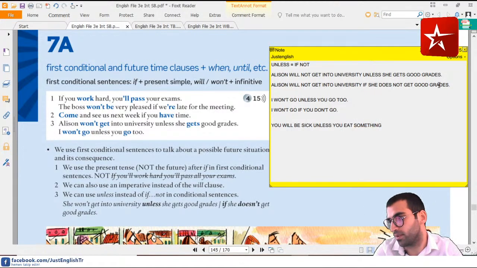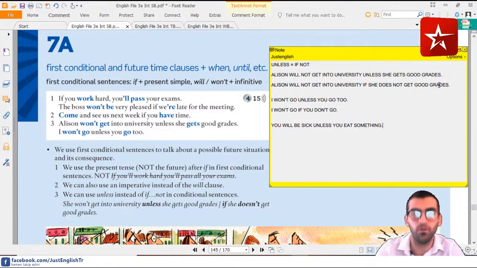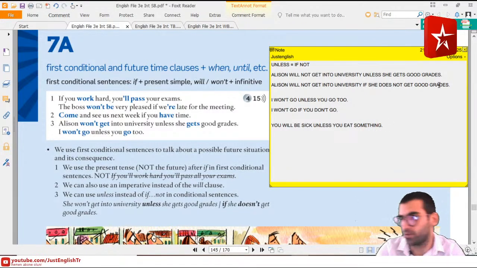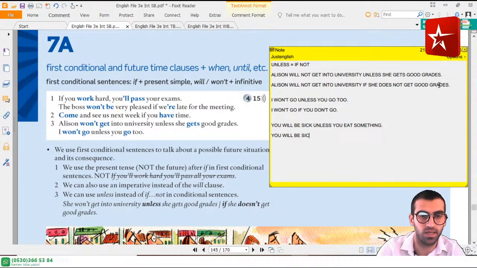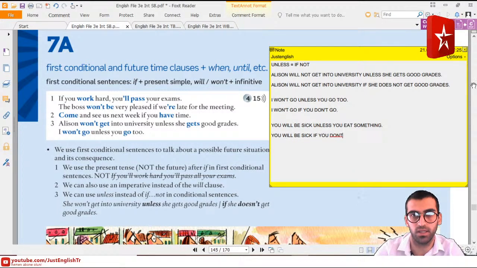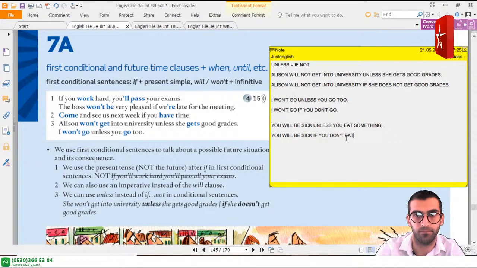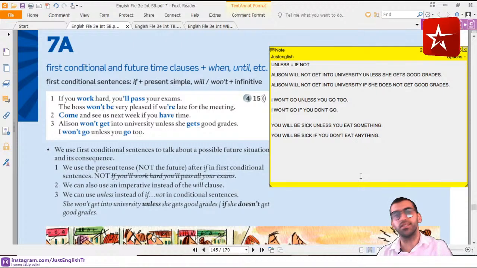Not if you stop, unless you stop. Let me write it slowly. You will be sick if you don't eat anything. So it's the same.